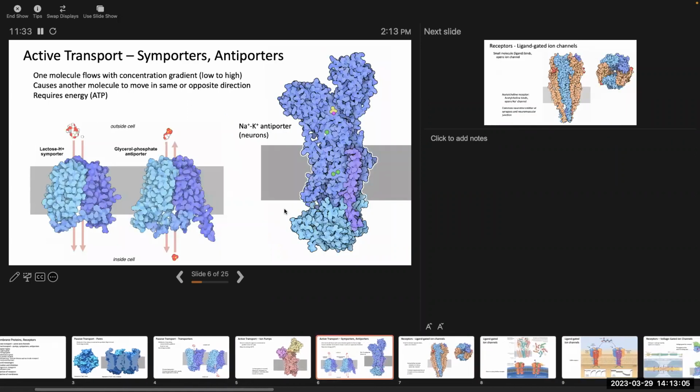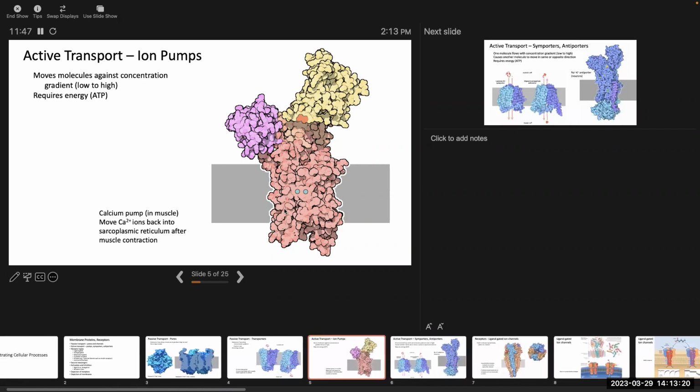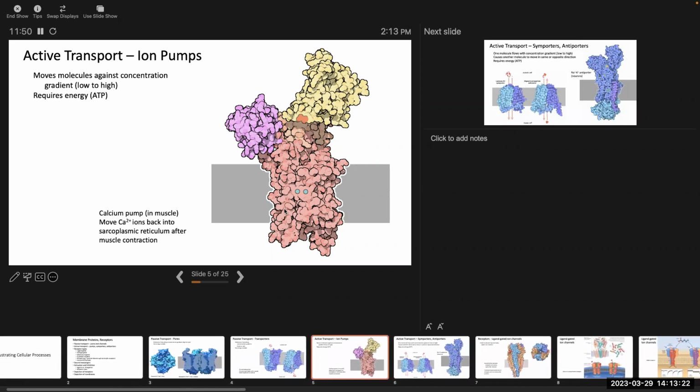Some other examples of proteins that are involved in active transport, moving molecules against their concentration gradient, are things called symporters and antiporters. Just going back to the ion pump, in the case of the ion pump, this protein is only moving one thing. It's moving just calcium ions.